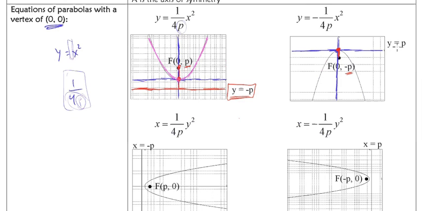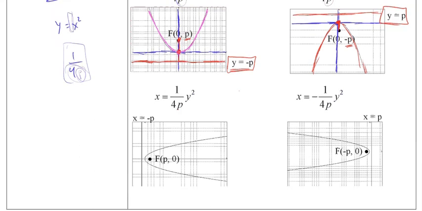Our directrix equation, again a horizontal line, is going to be that many above, so y would be equal to that positive value. And our equation, if it's opening downward, has to be a negative number, which makes sense because this is a negative p-value this time.